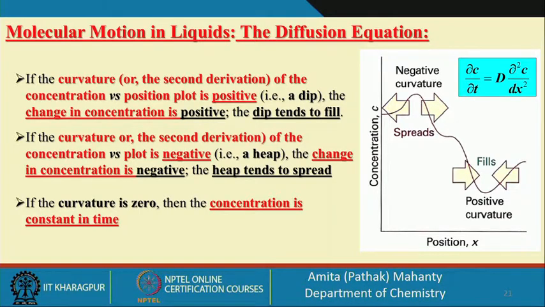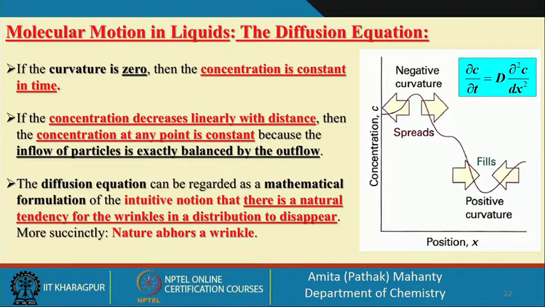If it is a dip, then you have a positive change in concentration with time. And if there is no curvature, then there is no change in concentration with time. What happens if the concentration decreases linearly with distance?